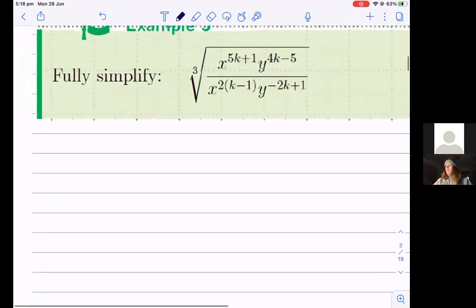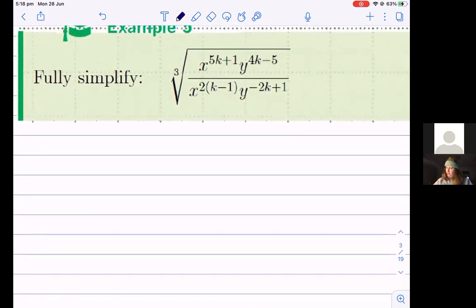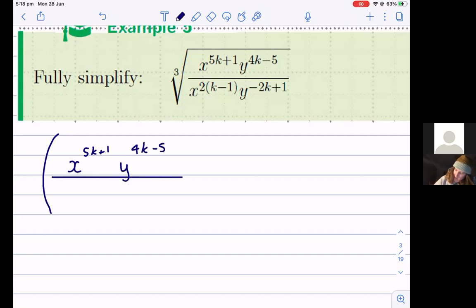Fully simplify this. Okay. So we've got x to the 5k plus 1, y to the 4k take 5 over x to the, I'm going to expand those brackets, 2k take 2, y to the negative 2k plus 1, and this is all to the third.